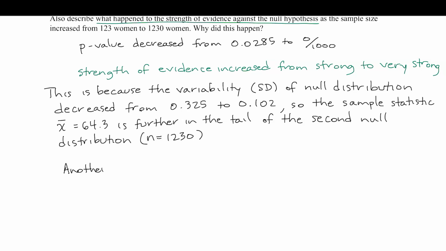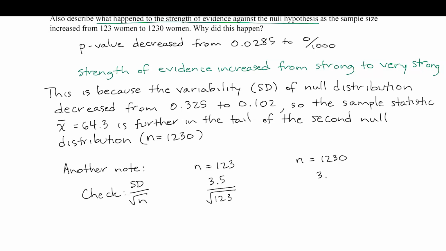Now, another little thing before we go, you could check S over the square root of n. When n is 123, well, actually it's not S. I should take that away. I'll just write standard deviation. The population standard deviation was 3.5 over the square root of the sample size 123 versus when n was 1230.